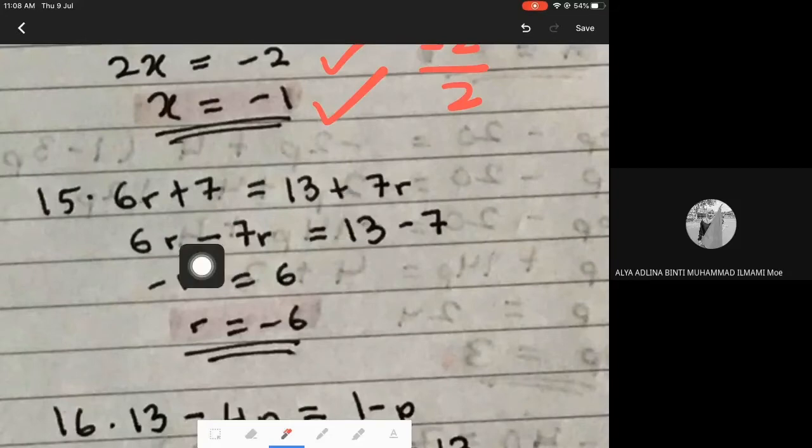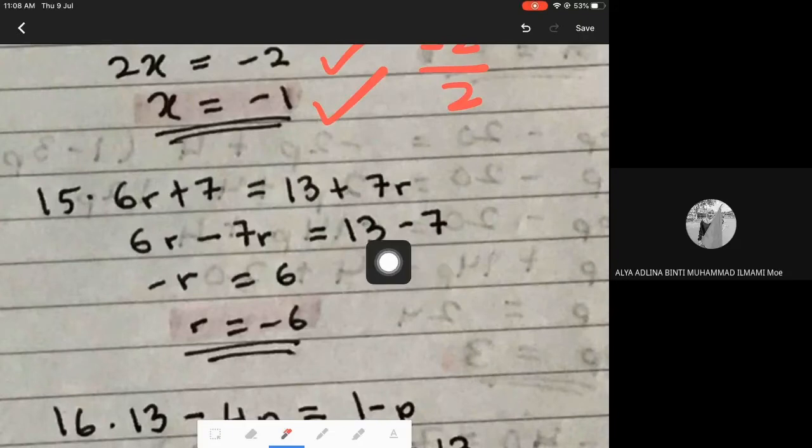Minus 7R equals to 13 pun kekal because dia memang asal di sebelah kanan. Dia kekal tanda dia 13. And then plus 7 kat sini pindah ke kanan becomes minus 7. 13 minus 7.